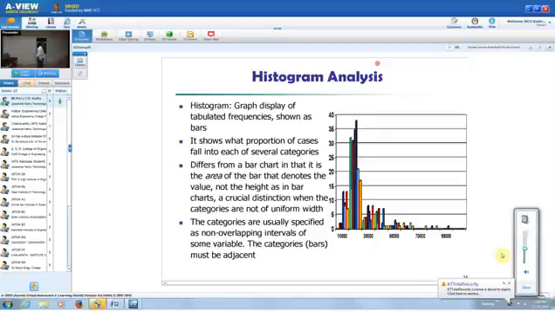So histogram is the graphic display of tabulated frequencies shown as bars. It shows what proportion of cases fall into each of several categories. So that means in which range, what is the frequency of the elements?